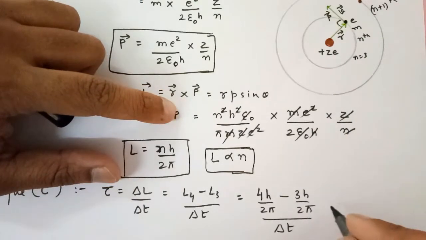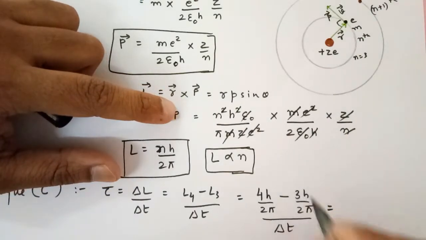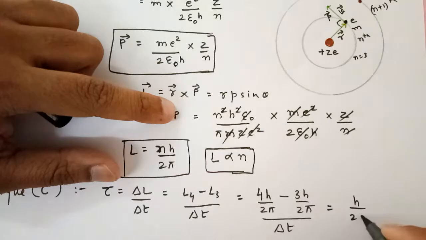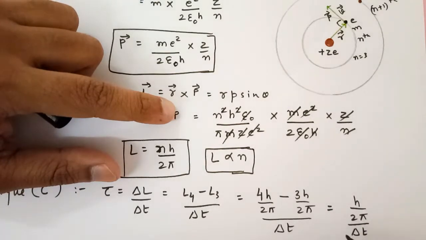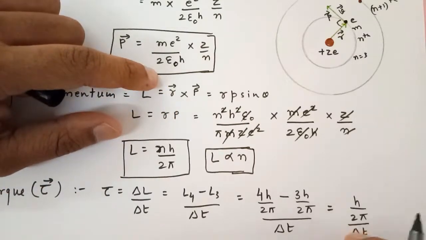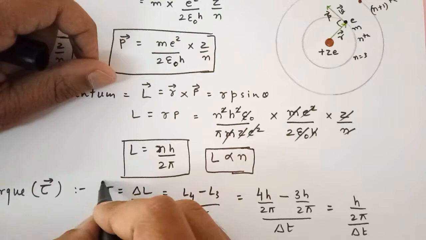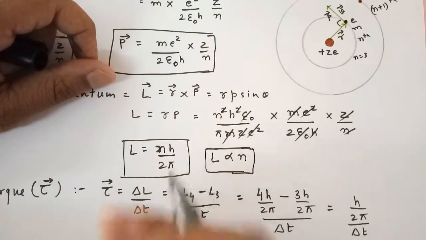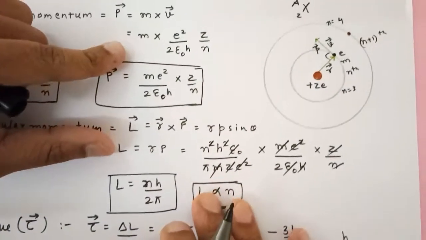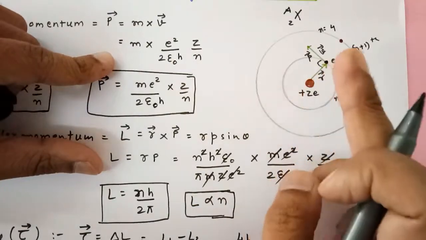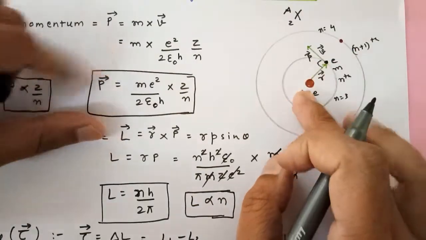So this would be 1h upon 2 pi, or simply h upon 2 pi times delta T. The time shall be given to you, and if you substitute all the values, you can find out the torque. It is again a vector quantity, comes in rotational motion, and it is always along the axis of rotation, maybe in the upward or downward direction.